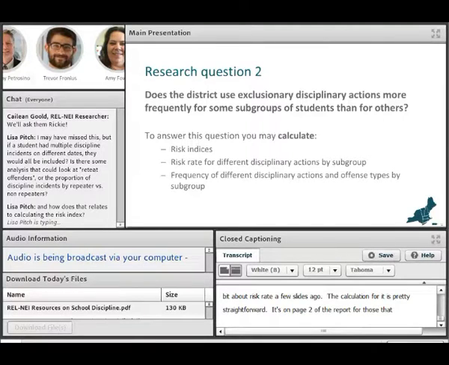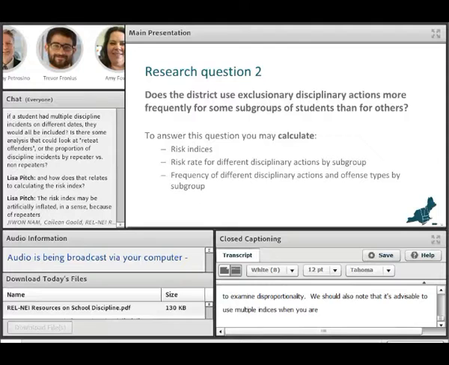But the rate itself does not provide a measure of disproportionality. This requires some measure of comparison. So from here, we're going to talk about turning the risk rate into various indices to examine disproportionality. We should also note that it's advisable to use multiple indices when you're conducting your analyses of disciplinary data.